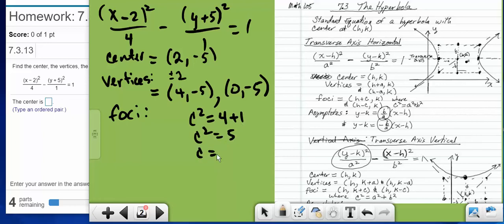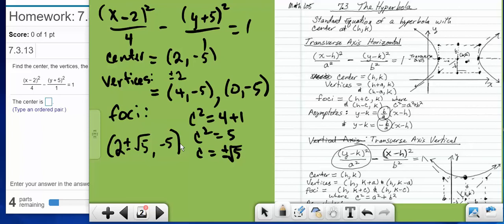So c is plus minus square root of 5, sorry. And you're going to add that to the 2. So it'll be 2, again, because it's a horizontal transverse axis, because the x squared is first. And again, MyMathLab will let us just do this with the plus minus. But it represents 2 points.